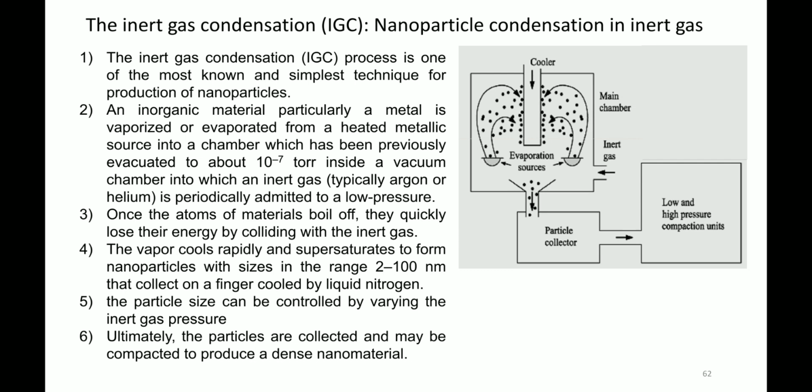In that case a large number of inert gas molecules are present in the chamber, and then the condensation will be faster. So in that case you are getting some particular size.